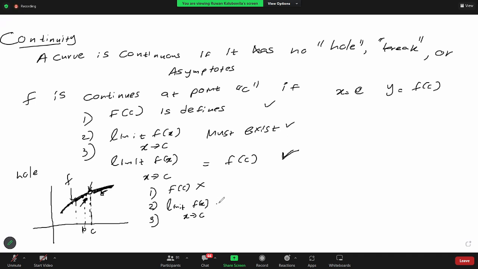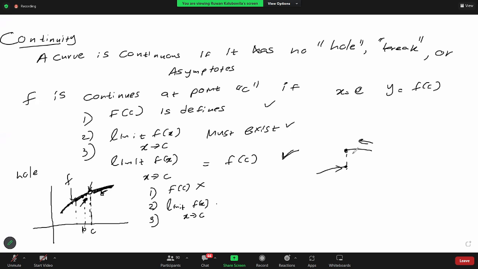Yes. Yes, sir. Yes. Limit. There is a limit. There should be a limit according to this curve. There is no jumping or break position. That means if this curve is like this, then there is no limit, because when you come from the left hand, it converges to this point, and when you come from the right hand, there is another value for that limit.